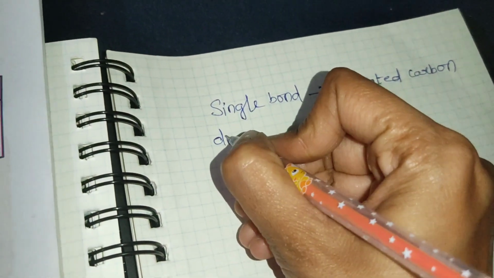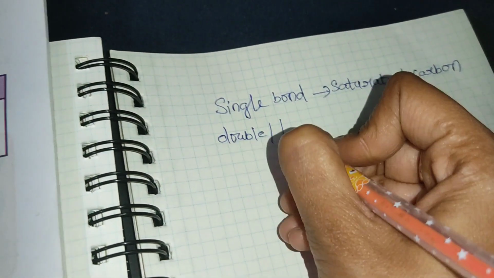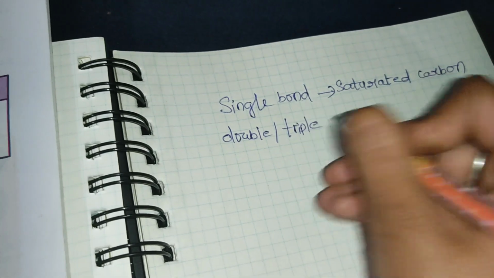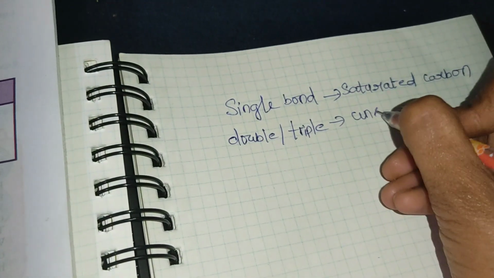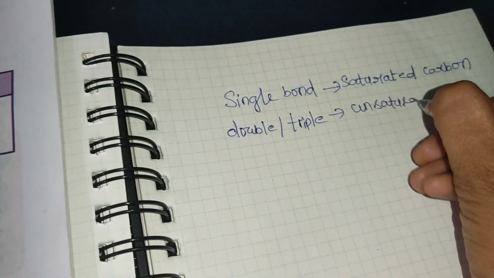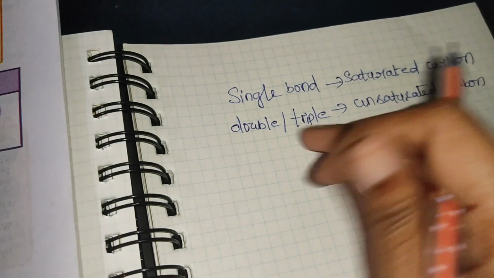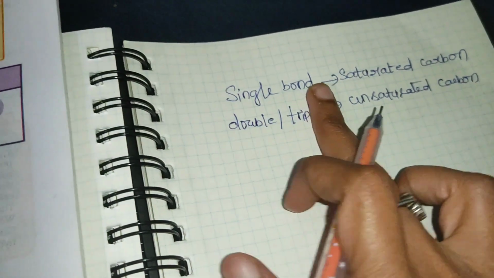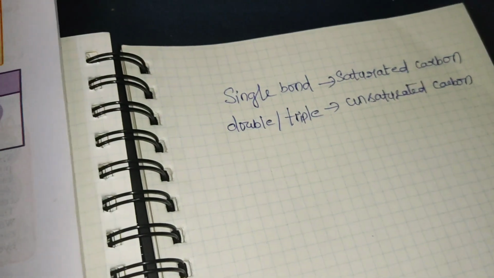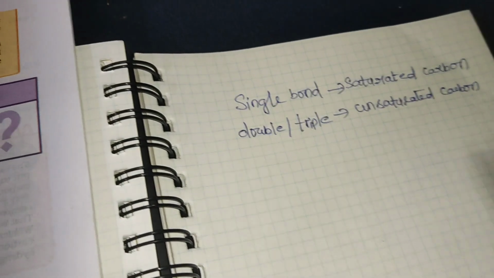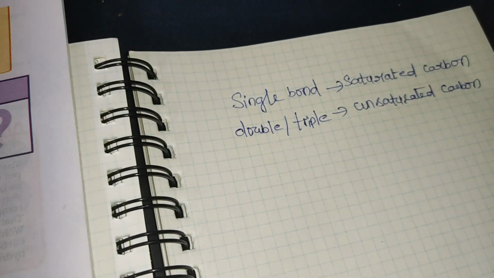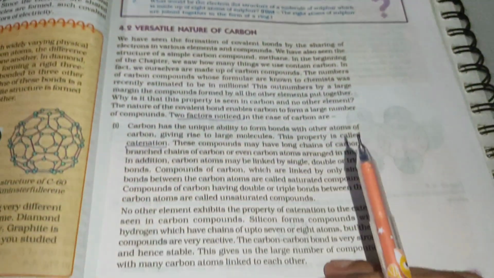If it contains double or triple bonds, then it is called an unsaturated carbon compound. So, what are the two types of carbon compounds it can form? If it has only single bonds, then it is a saturated carbon compound. If it has double or triple bonds, it is called an unsaturated carbon compound.